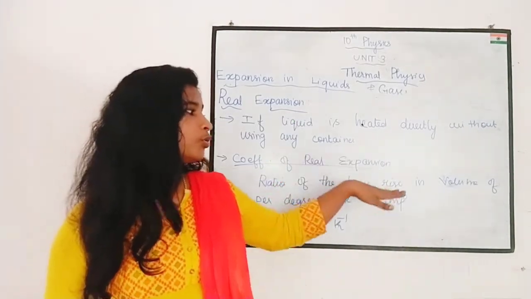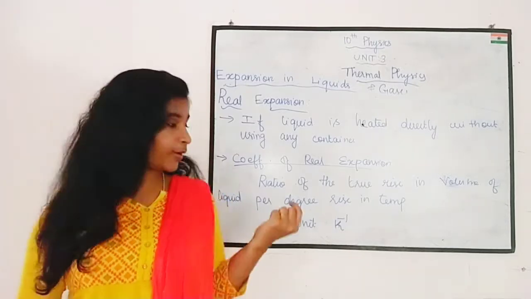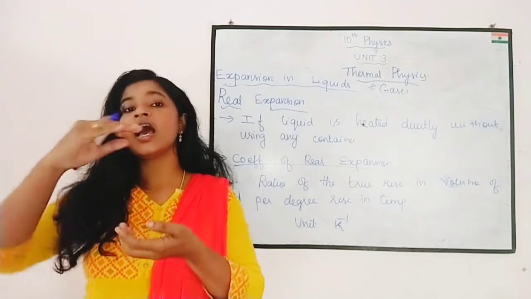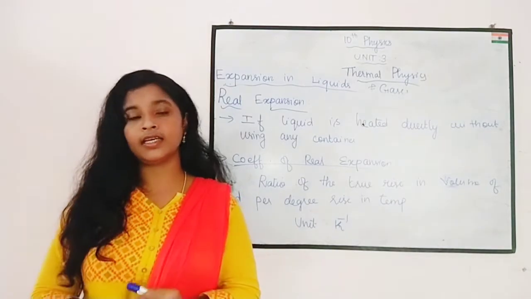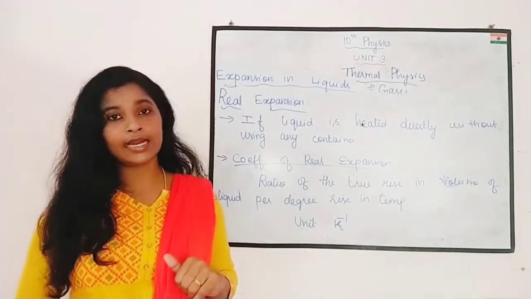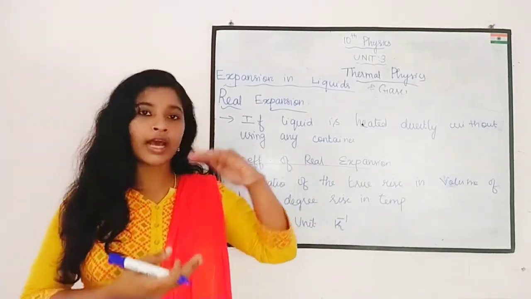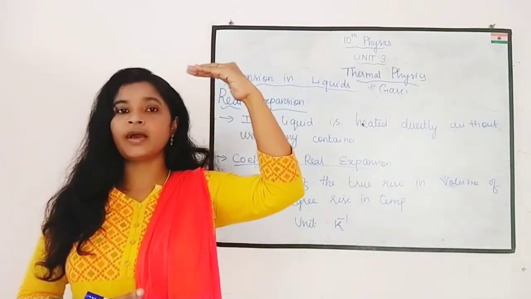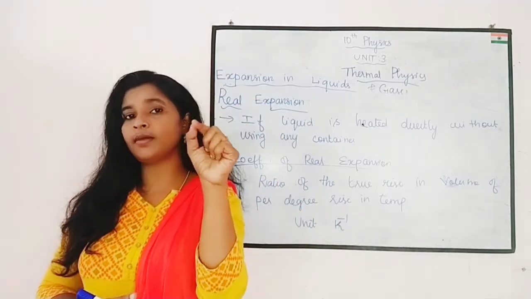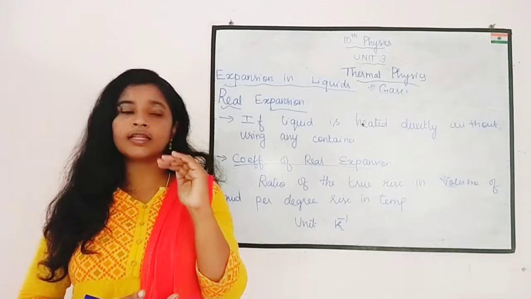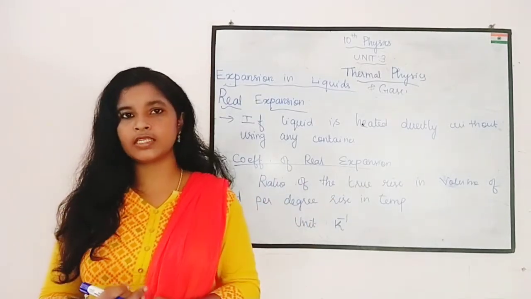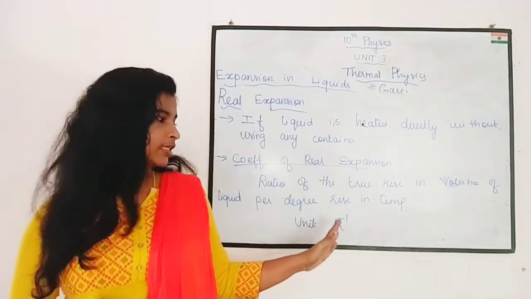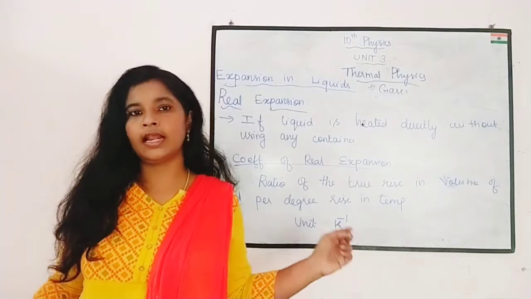Like the coefficient of cubical expansion, it is the expansion per degree rise in temperature, how much expansion there is in volume. Similarly, the coefficient of real expansion is the ratio of the true rise in the volume of the liquid, per degree rise in temperature. That is, how much the volume of the liquid has actually expanded for a 1 degree increase in temperature. What is the unit? The unit is the same as for all types of expansion. It is per Kelvin, that is Kelvin power -1.